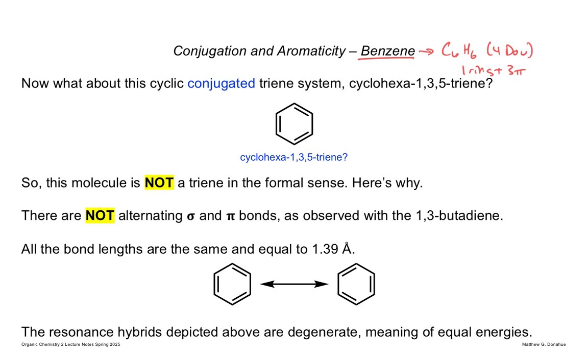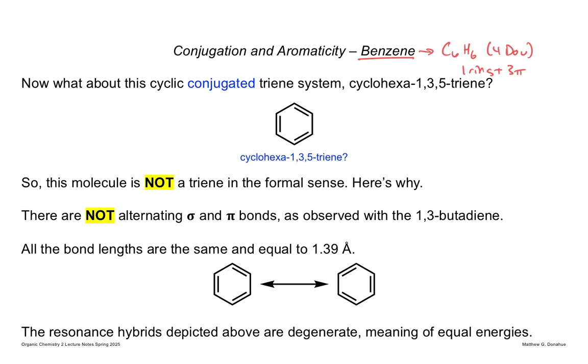Aromatic compounds do not undergo that type of addition. Aromaticity means there's a special stability, and we'll try to understand today why these pi bonds, as they're drawn, do not behave the same way as a normal alkene.